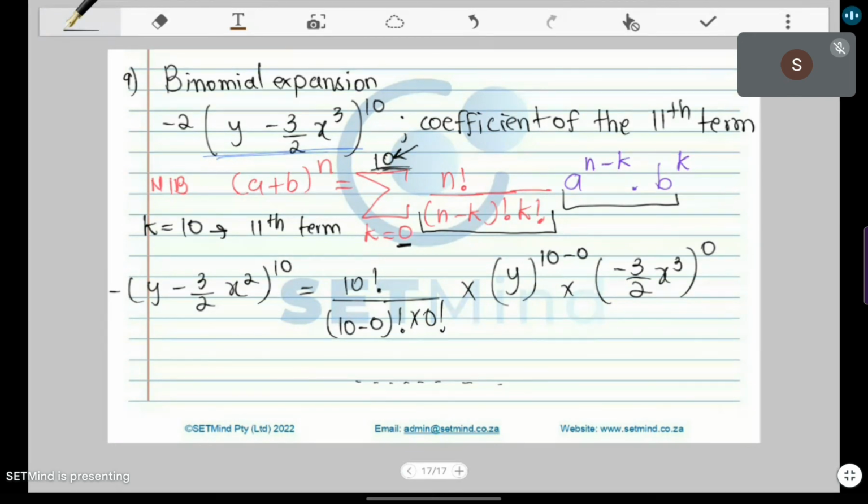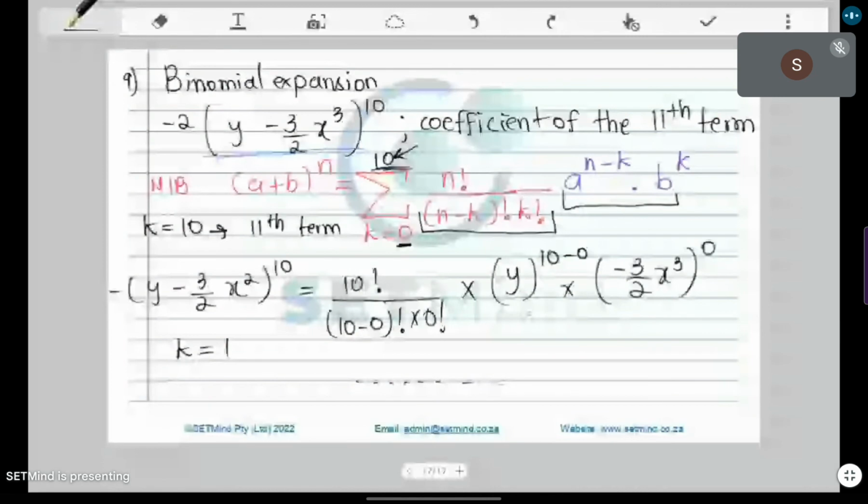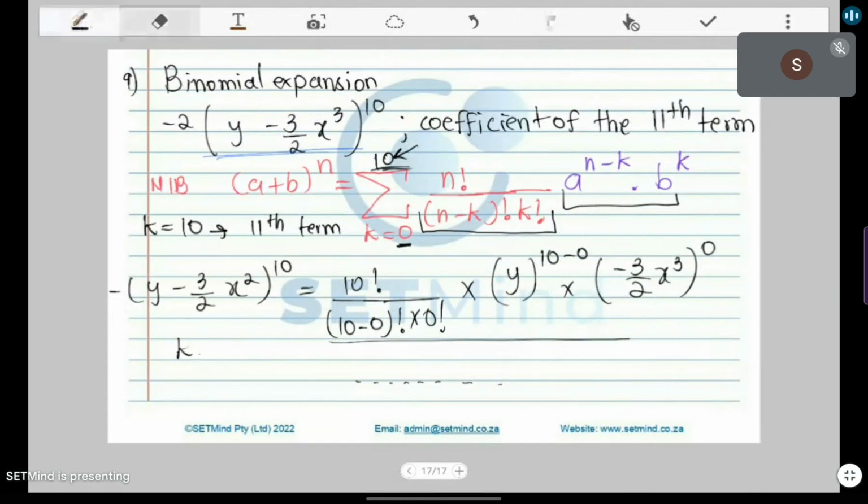Look, at k is 0, we get our first term. Then k is 1, that's our second term. K is 2, that's our third term. K is 10, that's our 11th term. So k should be 10.